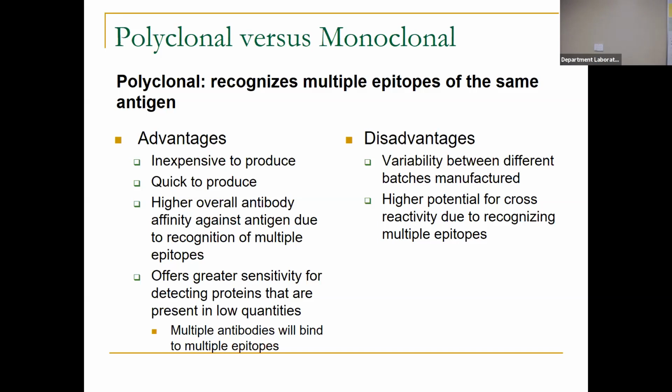It might also detect some antibodies that are in low quantities. Disadvantages are variability between different batches from your manufacturer, and a higher potential for cross-reactivity. That is your huge disadvantage for polyclonal reagents.